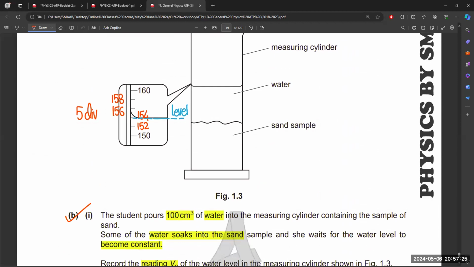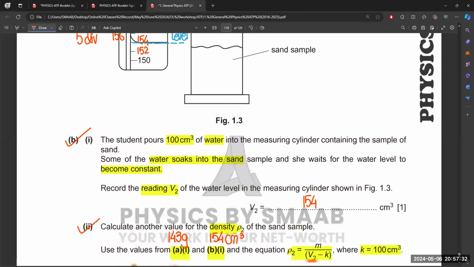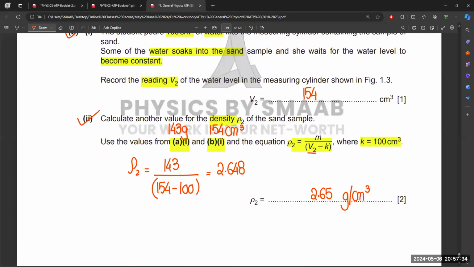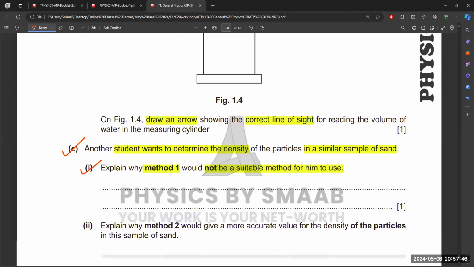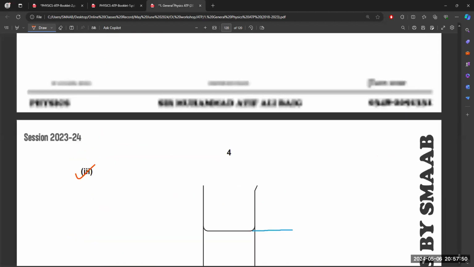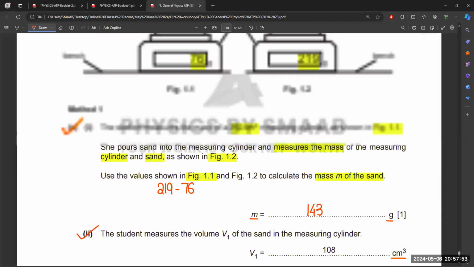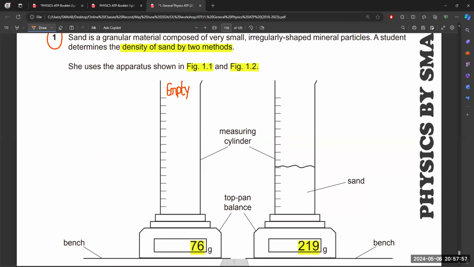And in the second example, we take sand plus water and record the level of water from the measuring cylinder and the same mass, and we subtract it from the constant value K, because we have to subtract the volume of the water. So what do you think, why is method 1 not suitable? If you just check that diagram, there is the answer, or the hint of the answer, in this diagram.